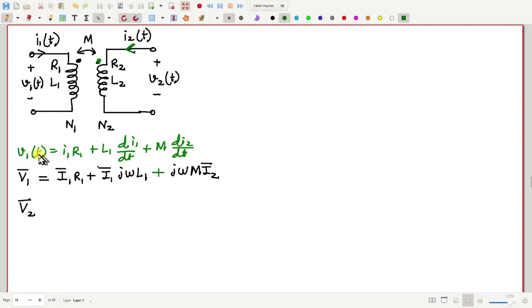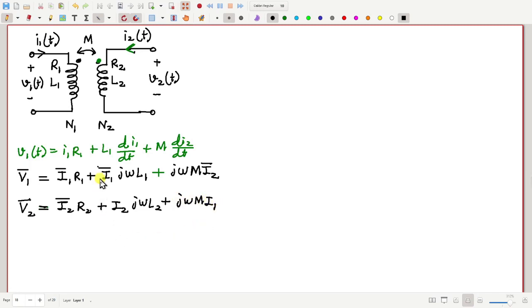Whenever we write an equation containing functions into its corresponding phasor form, simply all d/dt terms get replaced by j omega. That's it. So similarly, for the voltage V2, that will be I2 R2 plus I2 j omega L2 plus j omega M I1.